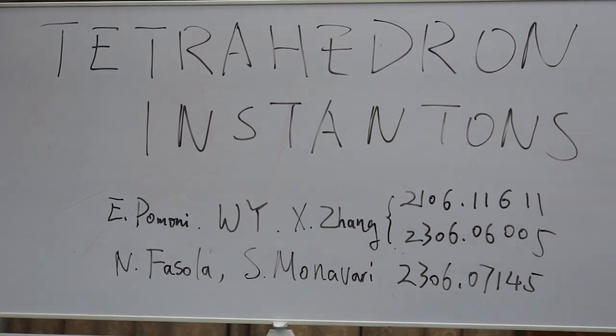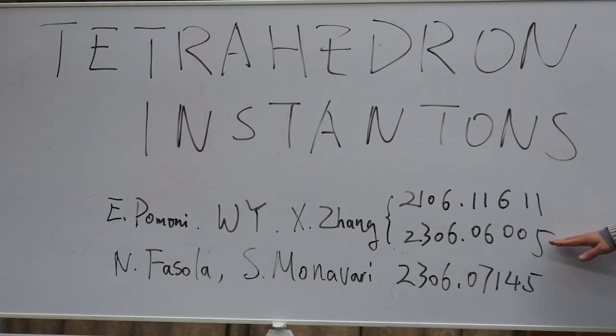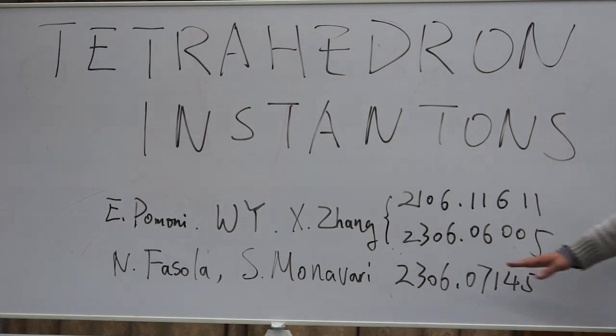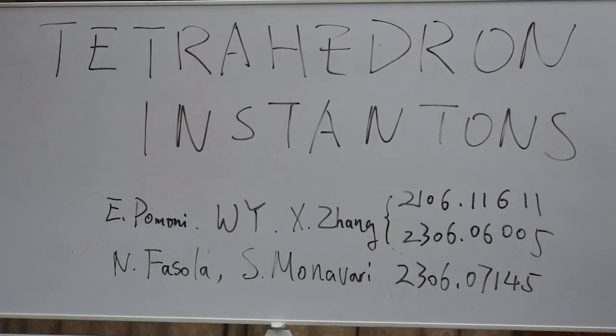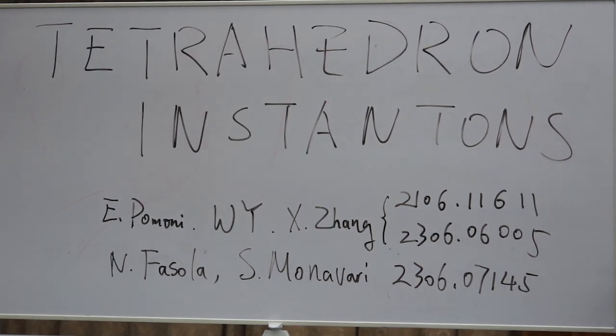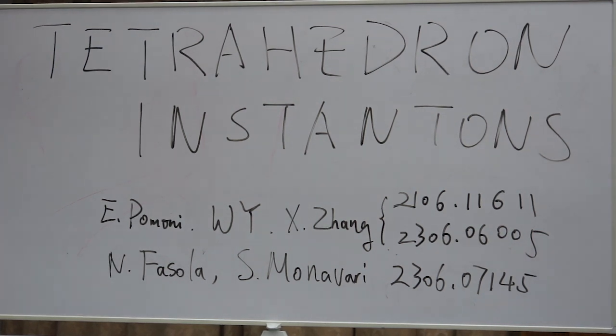On the other hand, just one day after our second paper was out, there was another paper written by two mathematicians, Fasola and Manavari. They gave a geometrically and mathematically rigorous definition of our tetrahedron instantons.